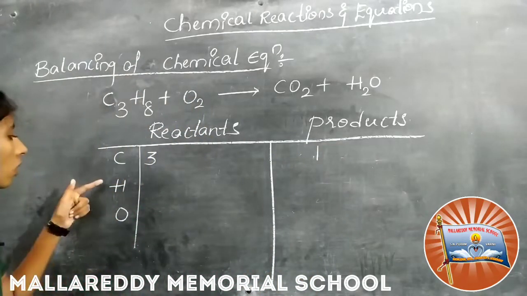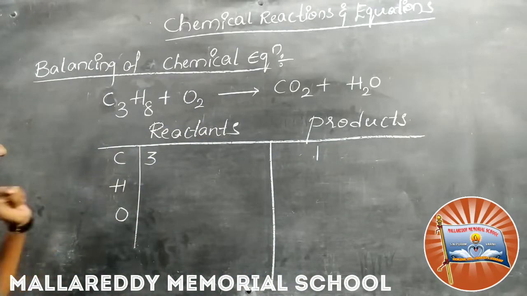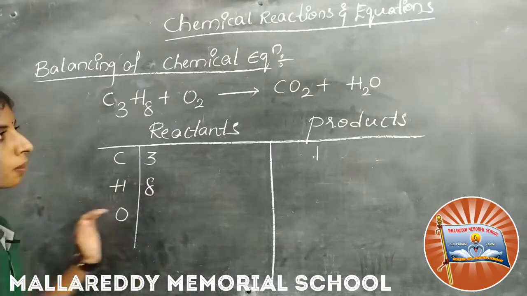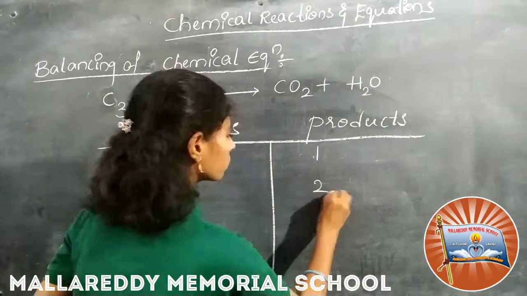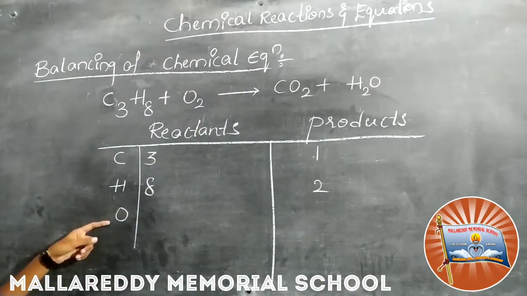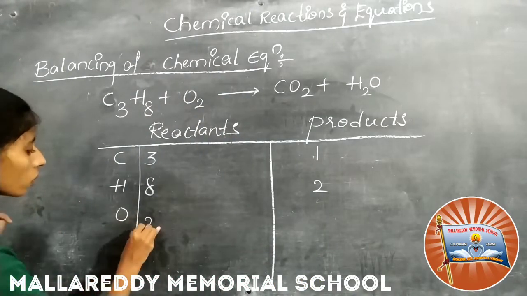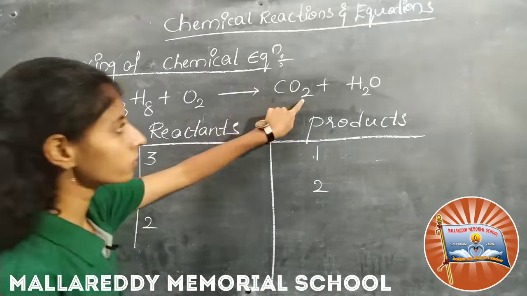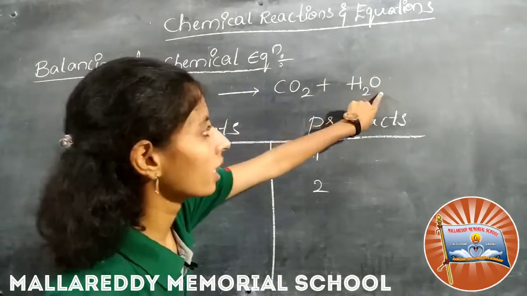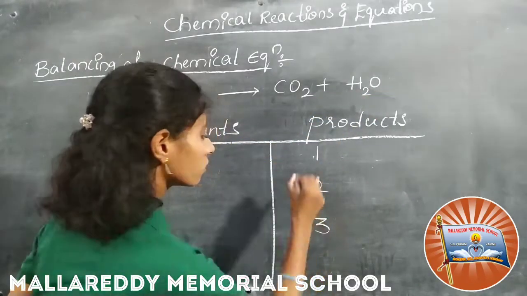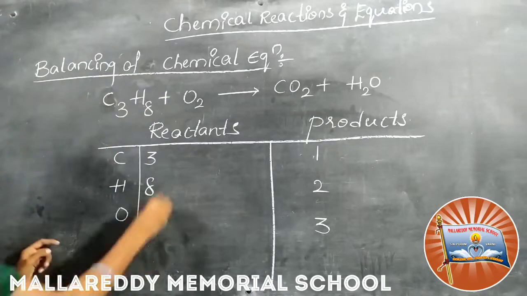Now hydrogens here 8, here we have 2. Oxygens on the reactant side 2. On the product side we have 2 and here we have 1, total 3.